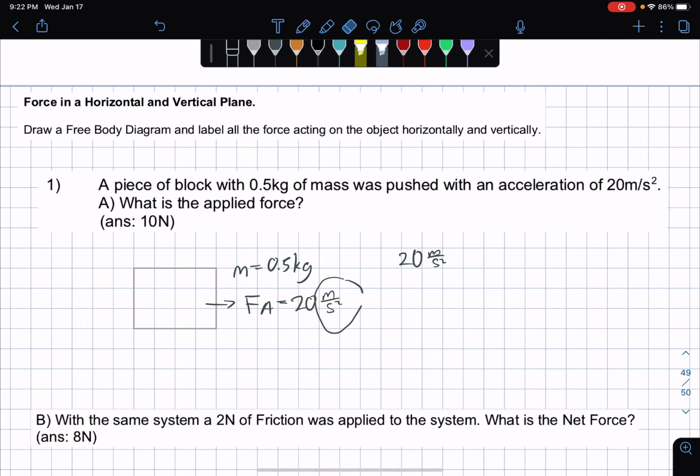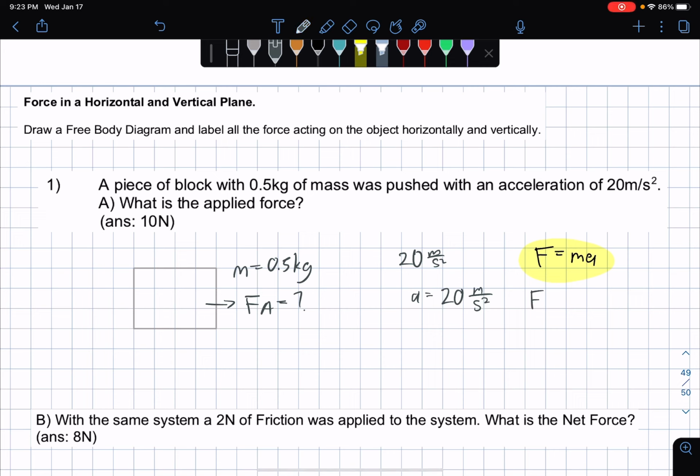Not sure if this is supposed to be in newtons, but yeah, wait, no. The applied force is missing, but the acceleration is given.